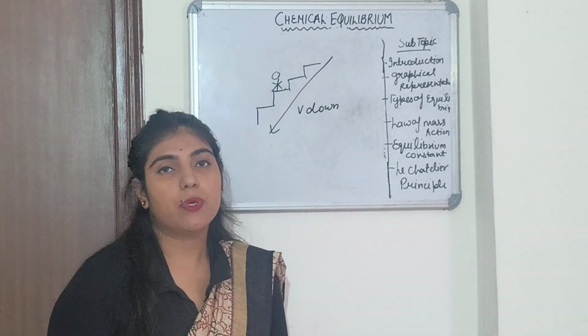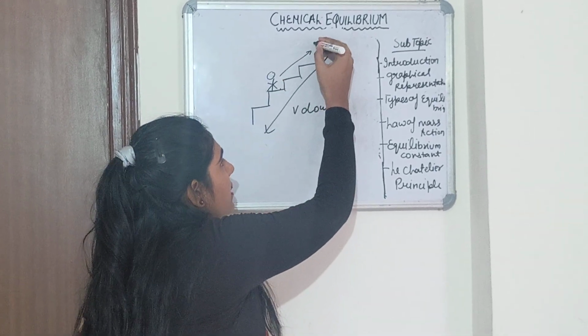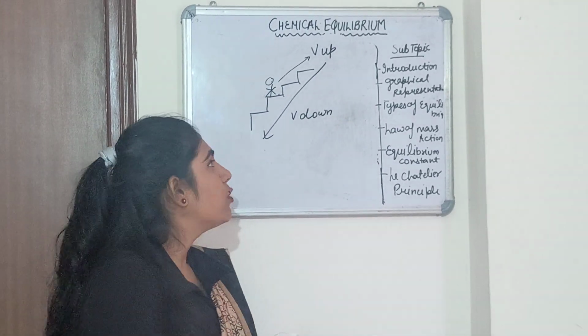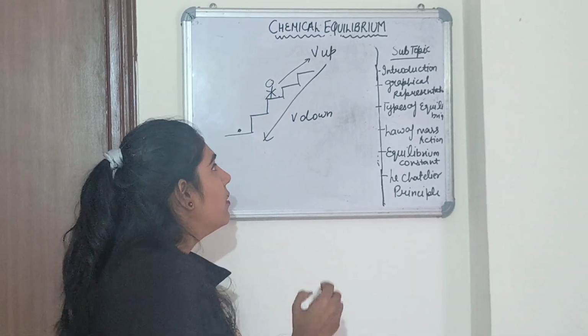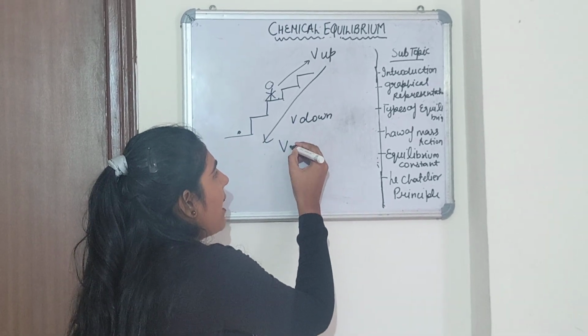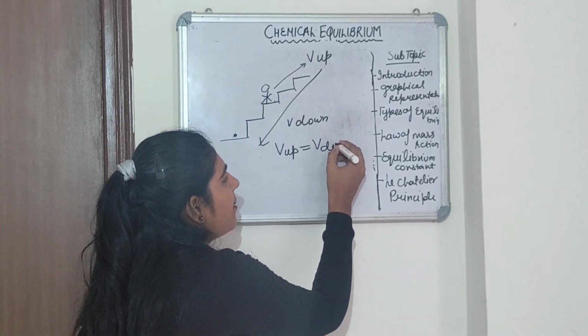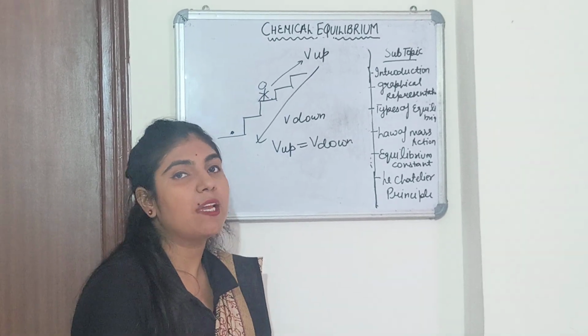If your friend wants to hold a fixed position, he has to keep moving with some fixed speed. If he is not able to do so, he will find himself at the same original position. So at some time, what will happen? The velocity of the object will be equal to the velocity of the escalator. At this point, we say that the system has attained equilibrium.